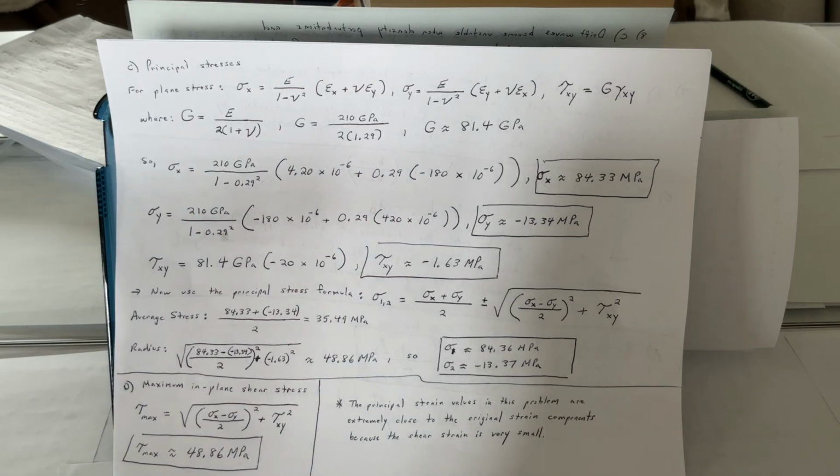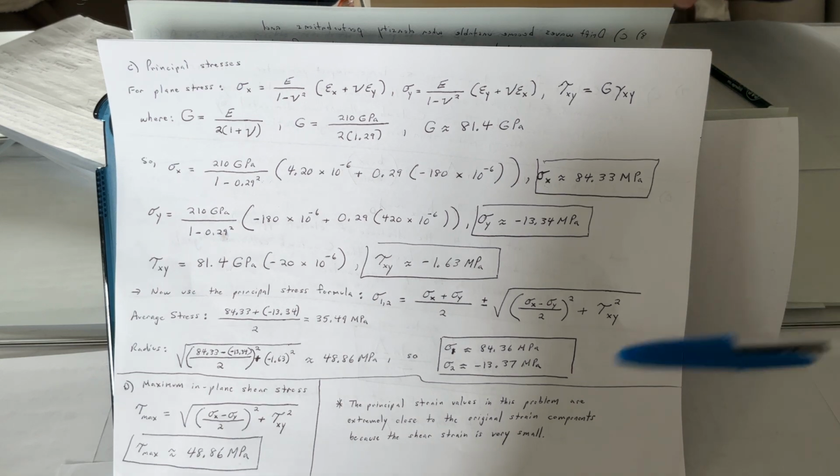And our radius, when we substitute all those values in, that's 84.33 minus negative 13.34 over 2 squared plus negative 1.63 squared here. And that's going to be about 48.86 MPa. So we wind up with sigma sub 1 about 84.36 MPa, and sigma sub 2 is negative 13.37 MPa.